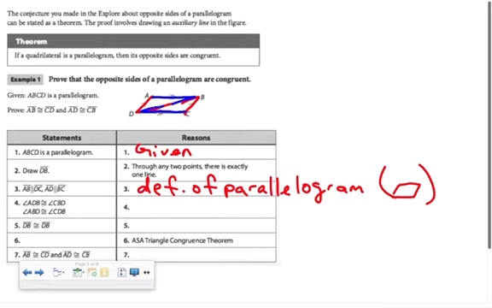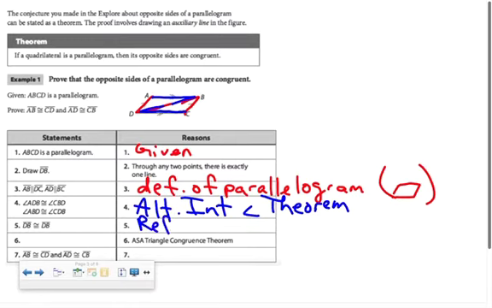What I really hope you're starting to notice, and that things are starting to come together for you, is that these are alternate interior angles. So these angles are congruent because of the alternate interior angle theorem. I know that DB is congruent to DB. I hope you haven't forgotten our good friend the reflexive property of congruence.